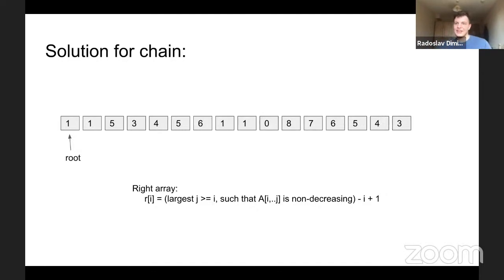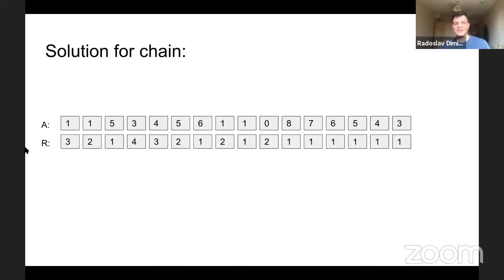Again, similar to the last example, I have represented the R's. For the first position, it will be 3 because we have 1, 1, 5, which is the longest subarray. Then for the second, we have 1, 5, which is the longest non-decreasing subarray, and so on.